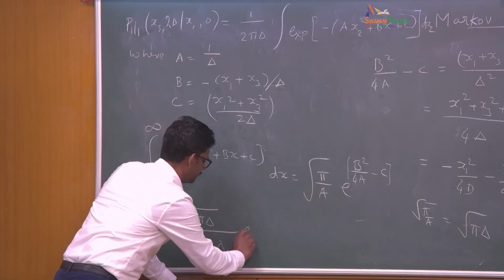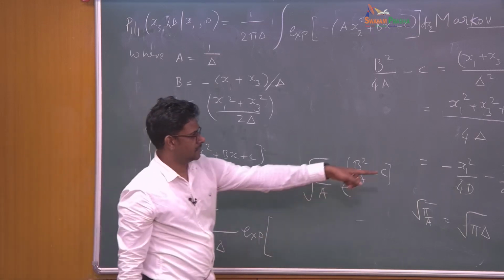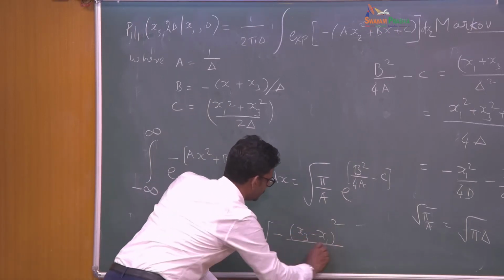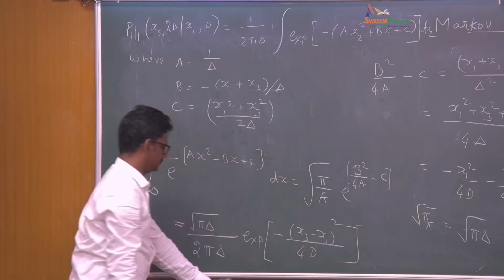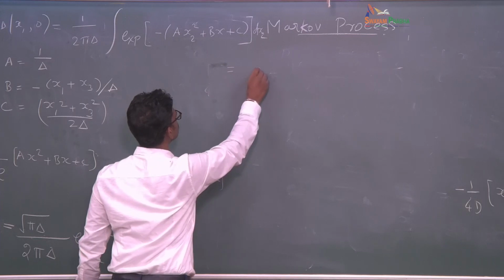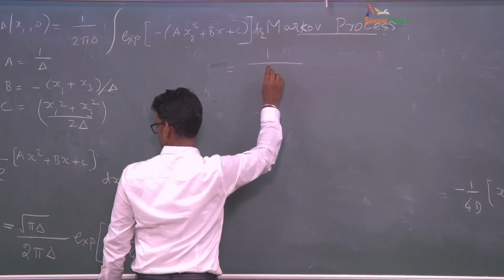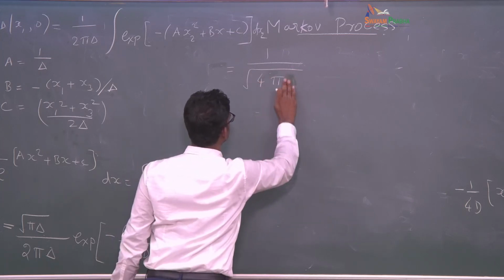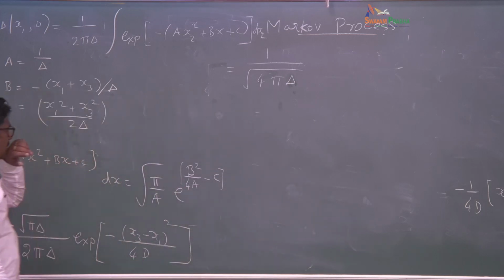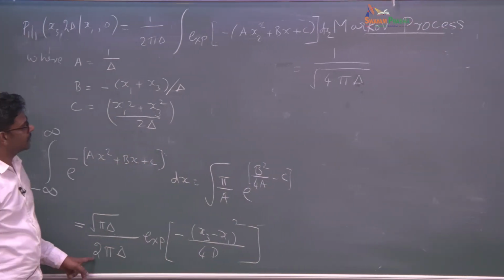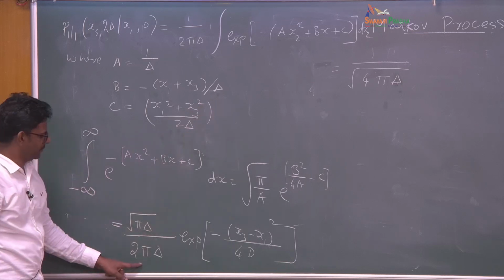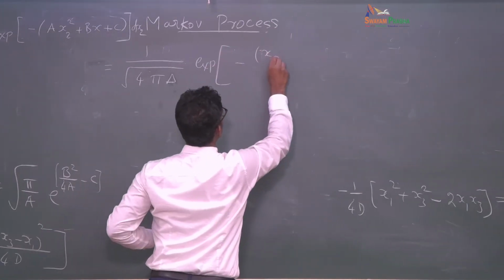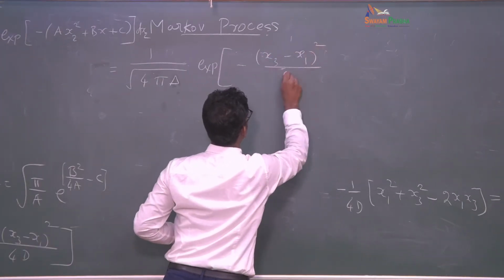Then you have the exponential of that term, that is minus (x3 minus x1) whole squared by 4 delta. So the prefactor becomes 1 by square root of 4 pi delta, and here you have exponential of minus (x3 minus x1) whole squared by 4 delta.